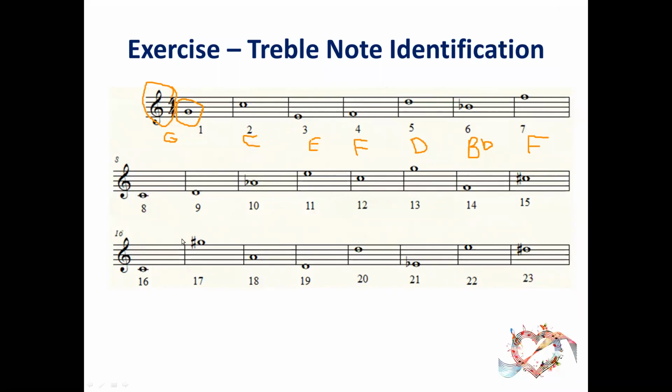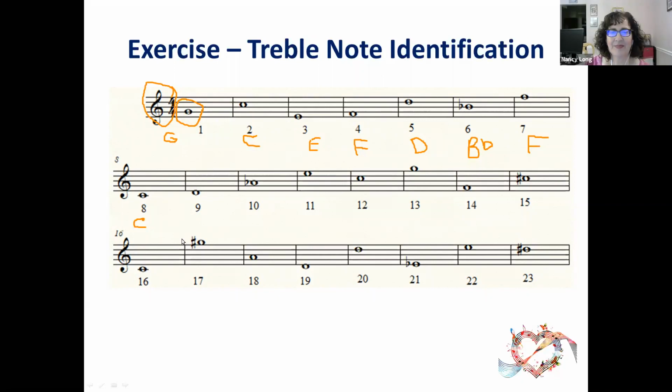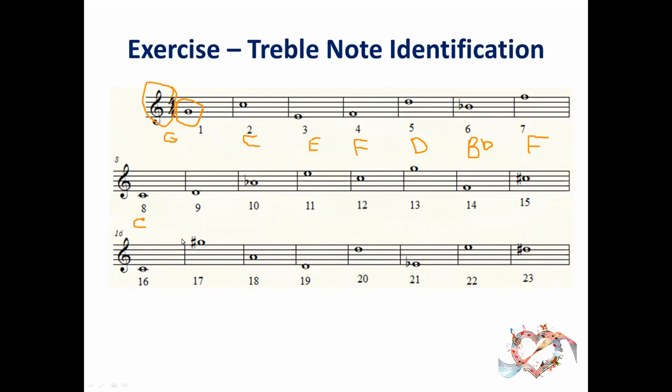8 is a middle C. It looks like it's on a staff line right between the treble and the bass clef. That's right. And then 9 is a D. I have to remember your mnemonics. I already know what the note is, so it's easy for me just to see it and know what it is.